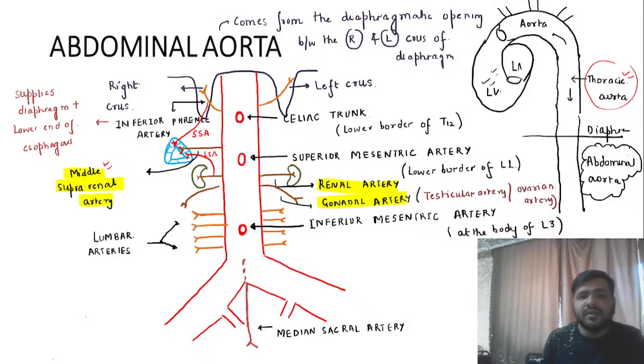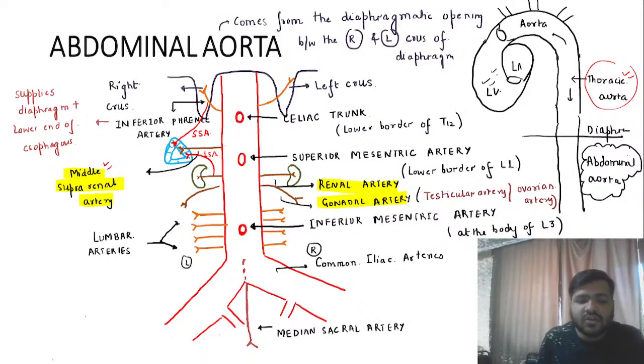So remember that the abdominal aorta basically bifurcates into two parts, and this is something which is called as the common iliac arteries. It is the right common iliac artery, and the left common iliac artery, vice versa.